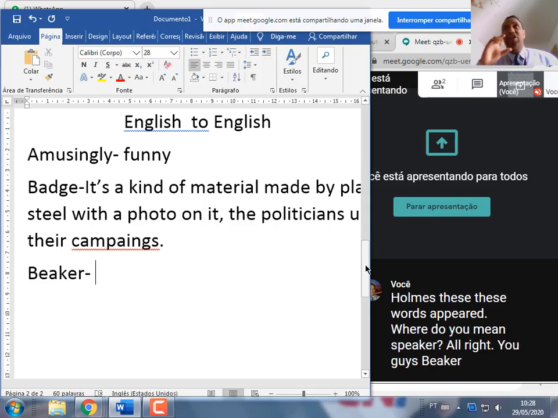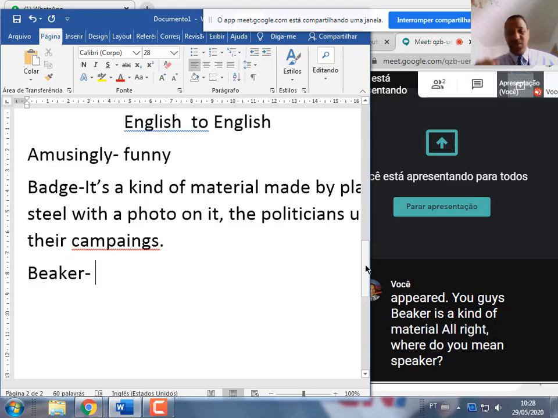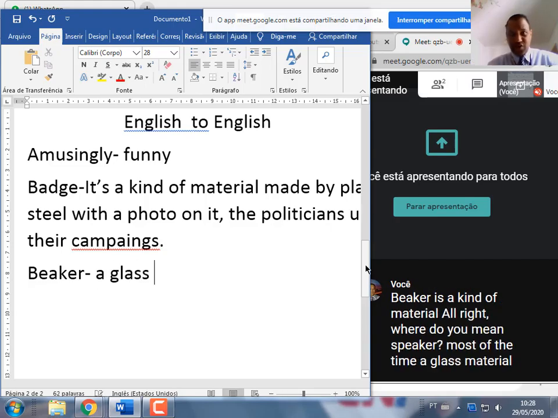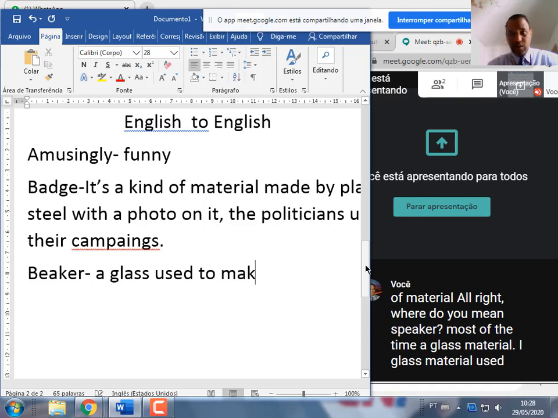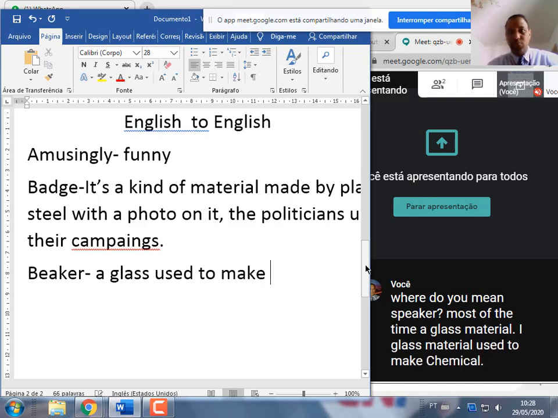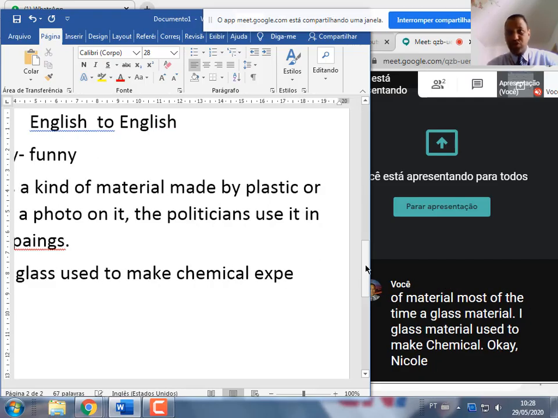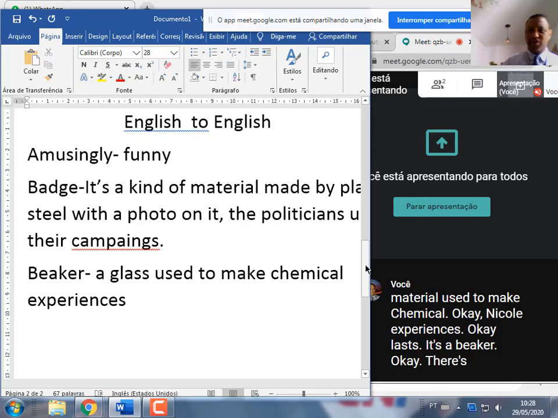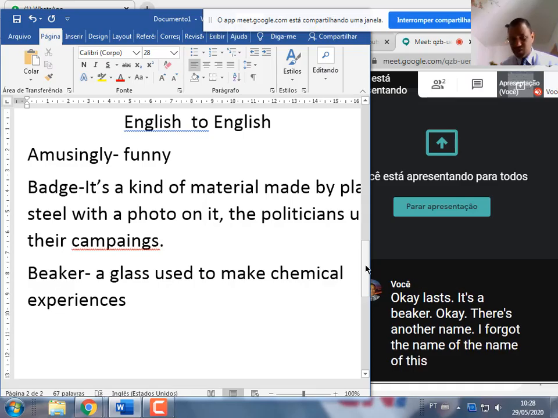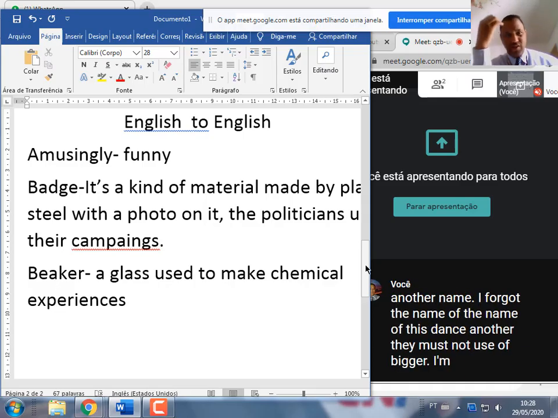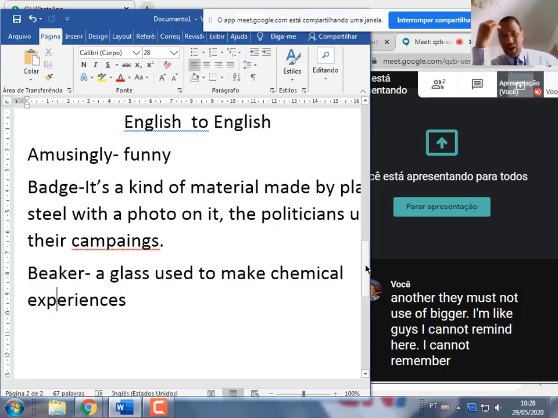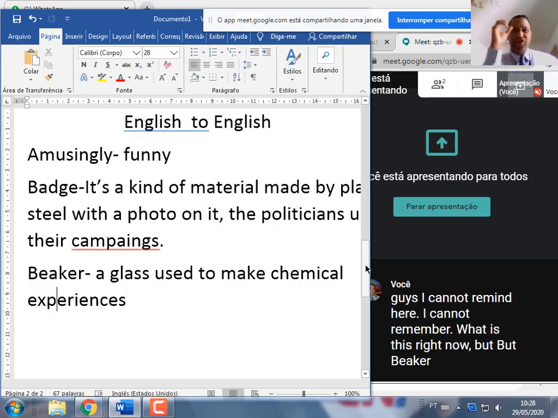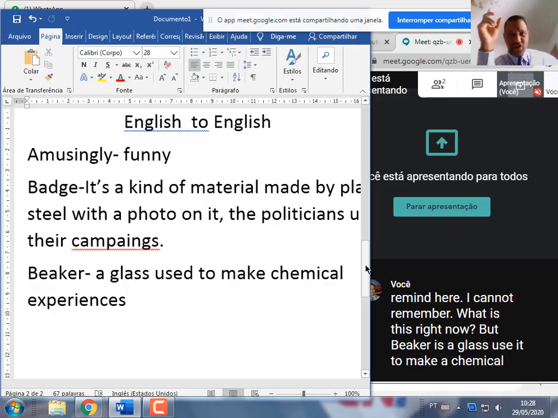Beaker is a kind of material, most of the time a glass material, used to make chemical experiments or tests. Okay, it's a beaker. There's another name, a synonym of beaker. Guys, I cannot remember what it is right now. But beaker is a glass used to make chemical experiments.